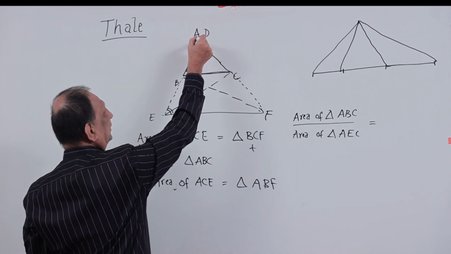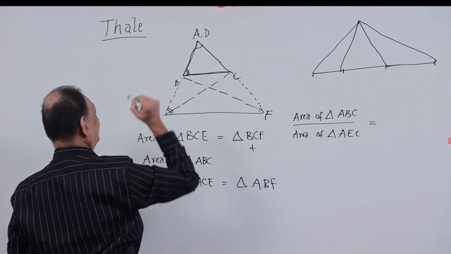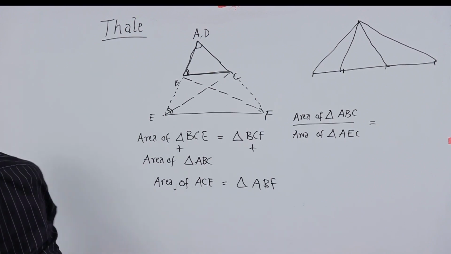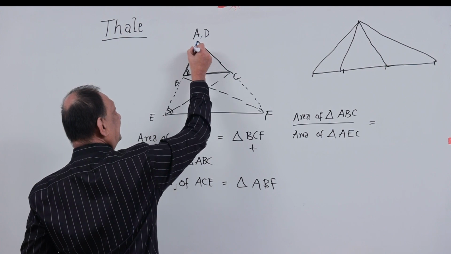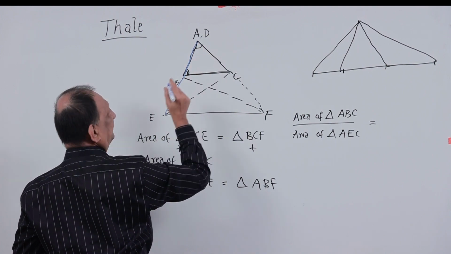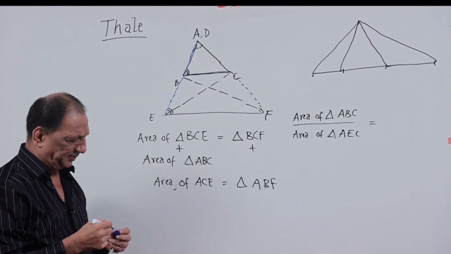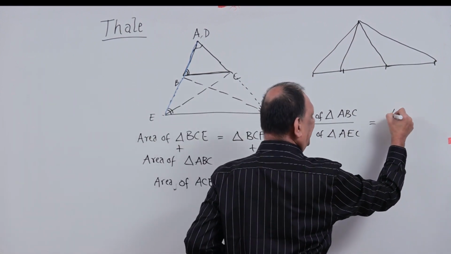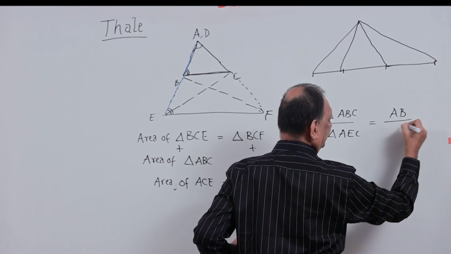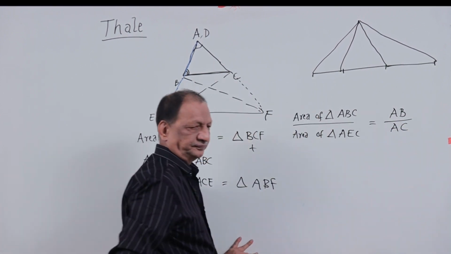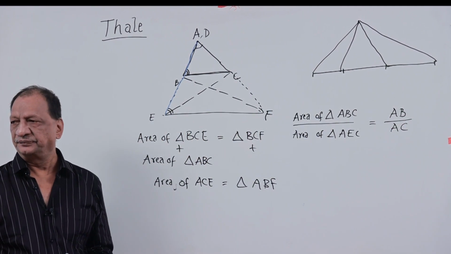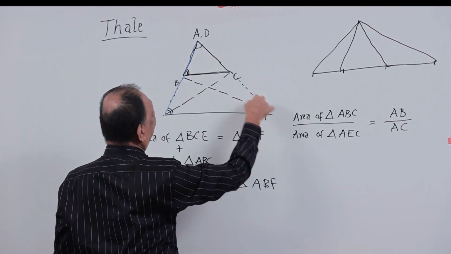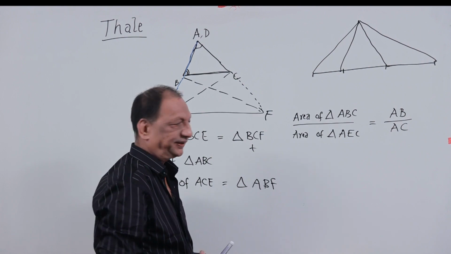Now the base of one is AB, correct? The other base is AE. Part of that is AB only, but the actual base is AE. So this ratio must be equal to AB divided by AE. Correct? Same way, we take the same triangle ABC and compare with the area of ABF. Correct?